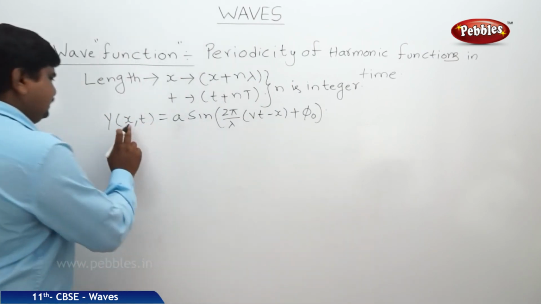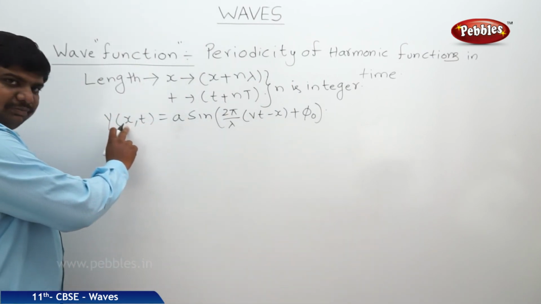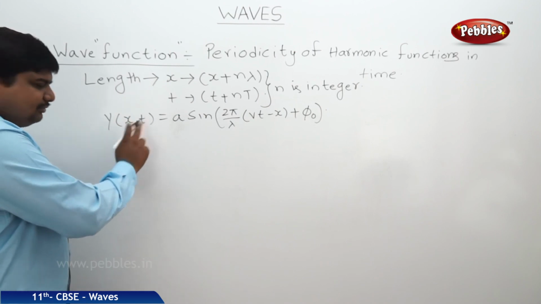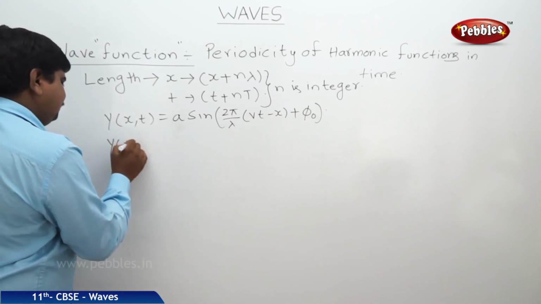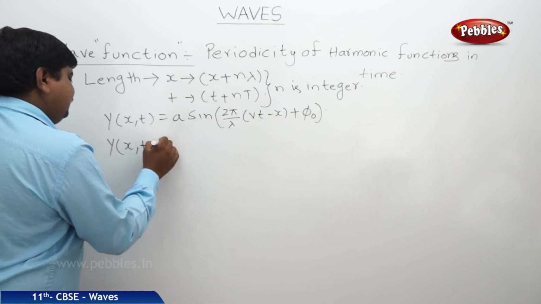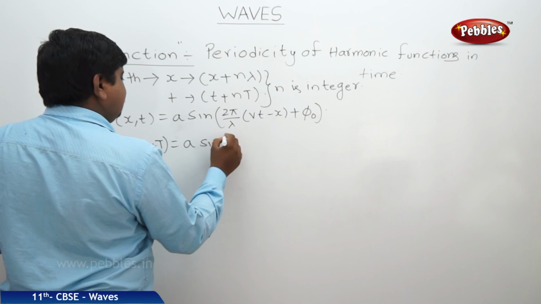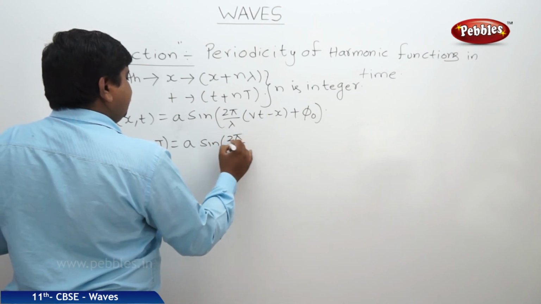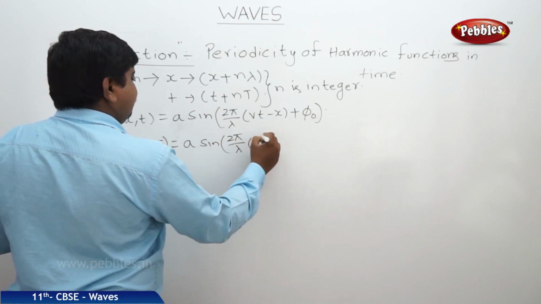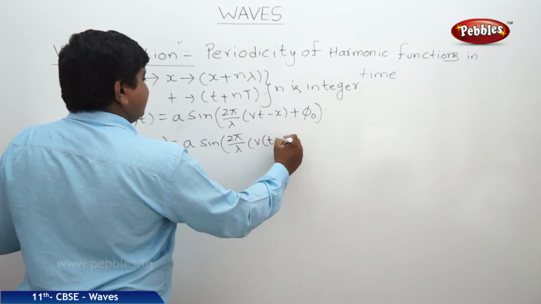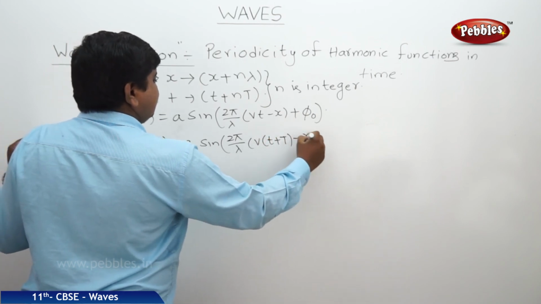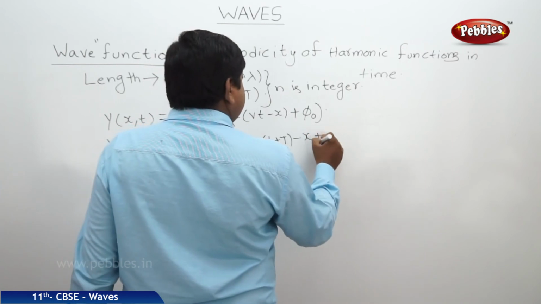And one more thing, here we are not observing the position periodicity, only time. Therefore y(x, t plus T) is equal to A sin 2 pi by lambda into v(t plus T) minus x, plus phi naught.